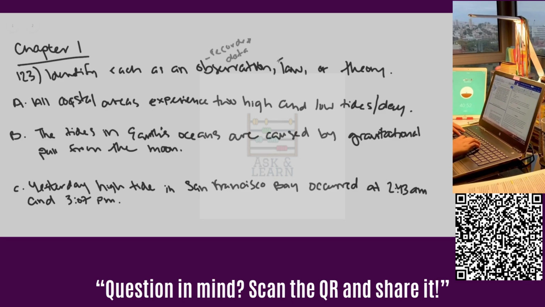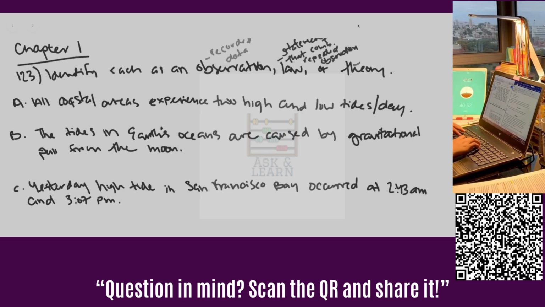A law is a statement that sort of combines repeated observation. So it attempts to generalize several observations into a statement that allows you to predict what you might see in the future.